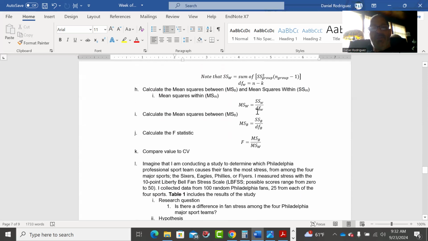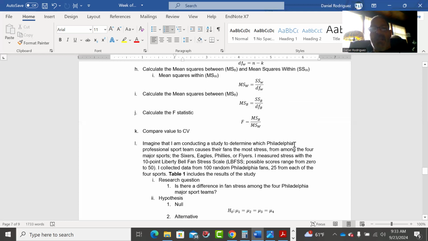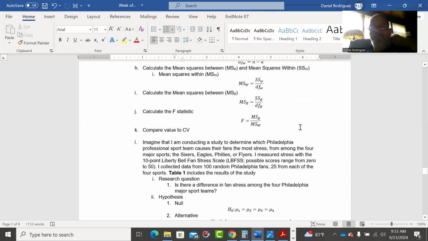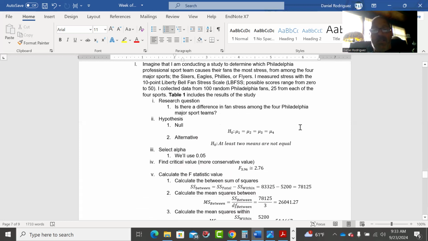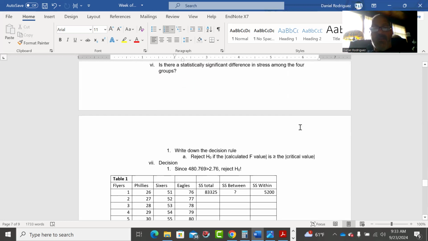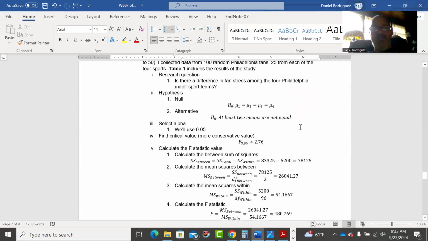So here's mean square within. That's sum of squares within divided by degrees of freedom within. So it's like an average sum of squares, right? Mean square between is sum of squares between divided by degrees of freedom between. And then here's our F statistic. Voila.